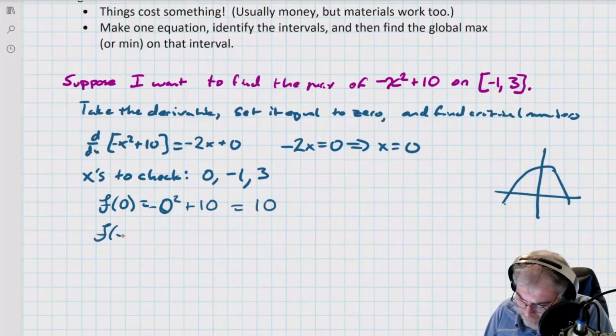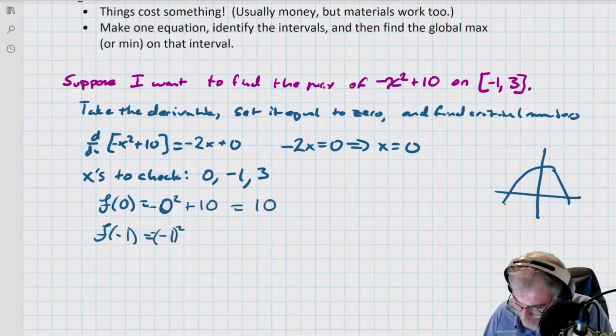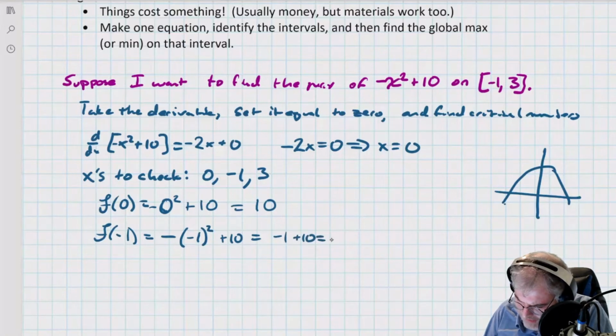f of negative 1 equals negative 1 squared plus 10, which equals negative 1 plus 10, which equals 9.